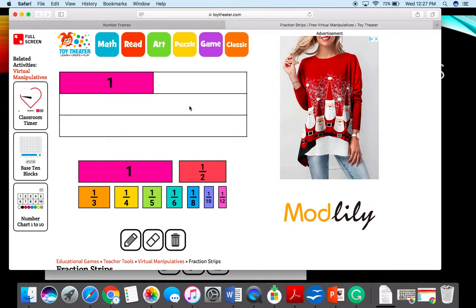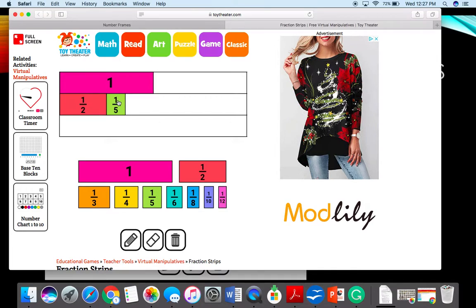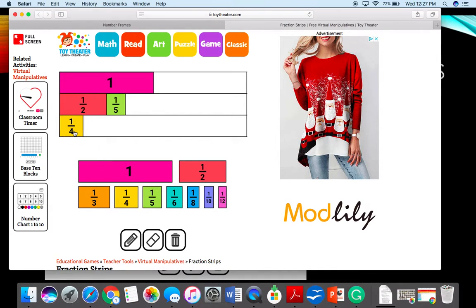It's not going to fill up the whole, so if I want to compare one whole to 1/2, okay, I can put them next to each other, and let's say I'm working on adding fractions. I want to show if 1/2 plus 1/5 is greater than, less than, or equal to 1/4 plus 1/3.